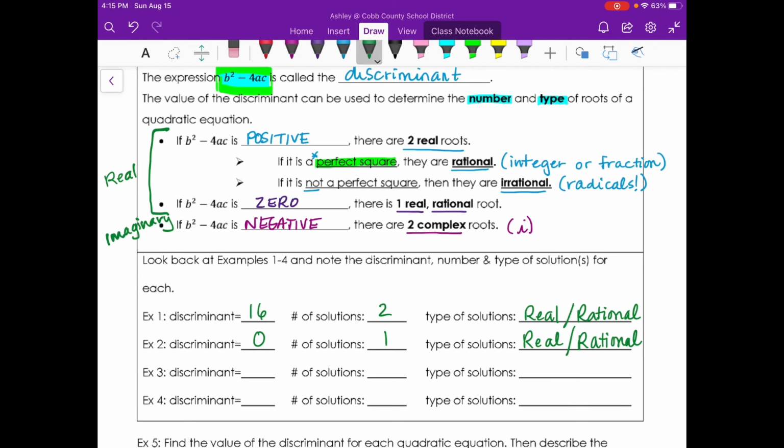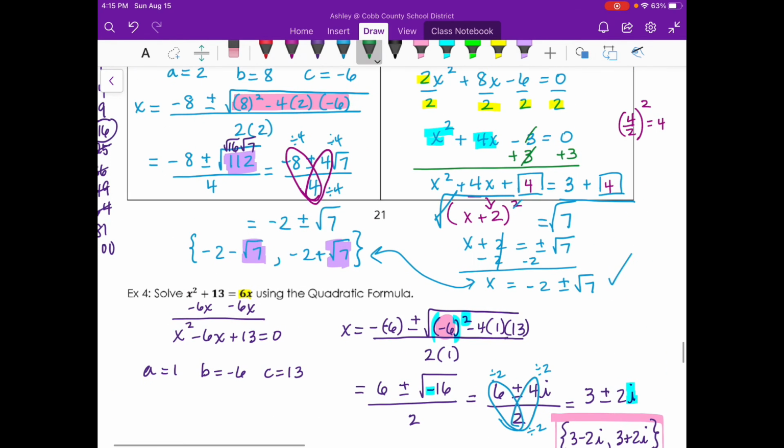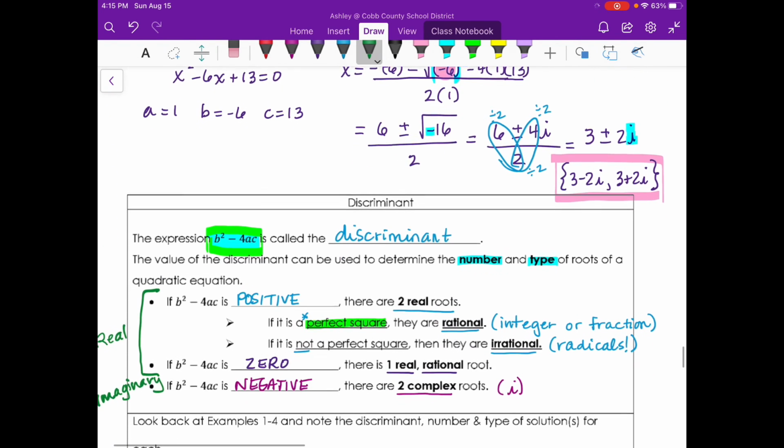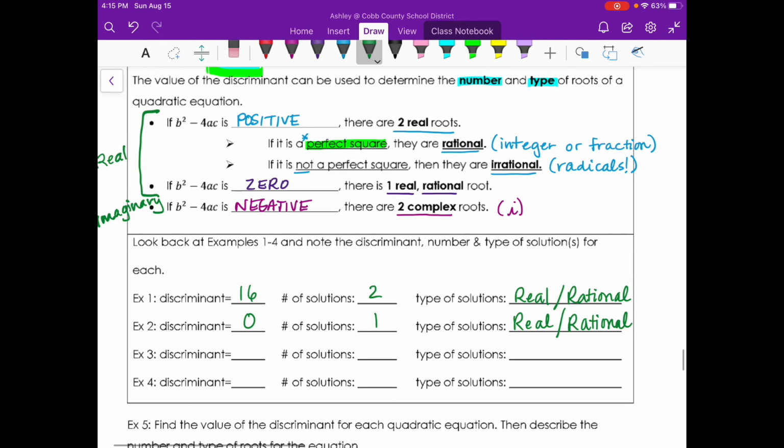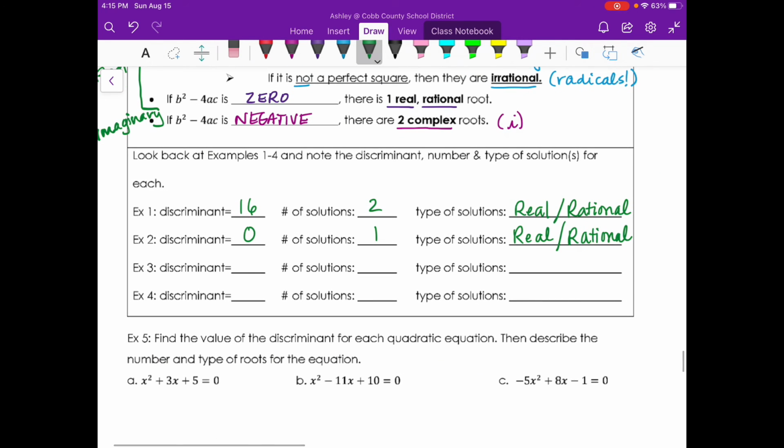In example 3, our discriminant was 112. That is a positive number, so that's going to give us two real solutions, but irrational, because that number was not a perfect square, so it left us with a radical in our answer.